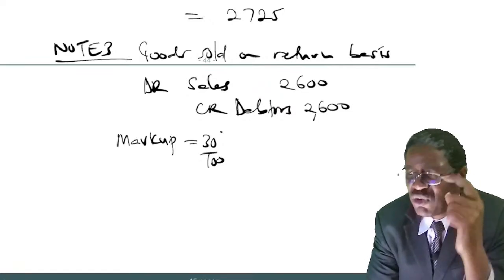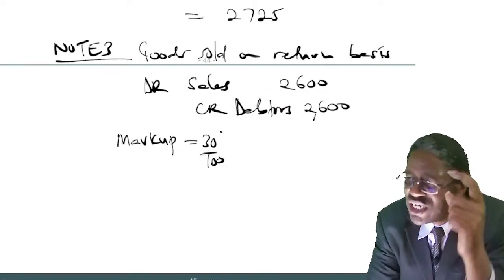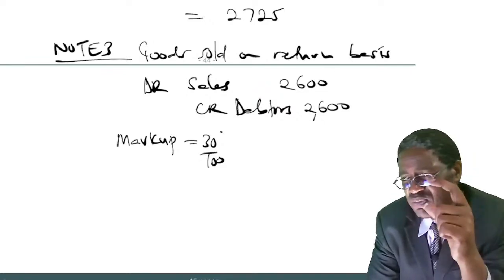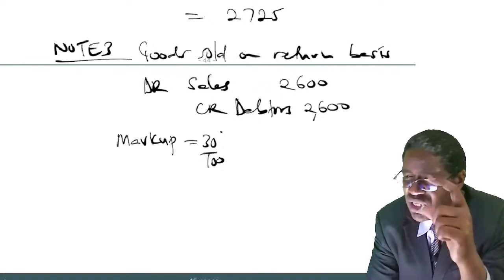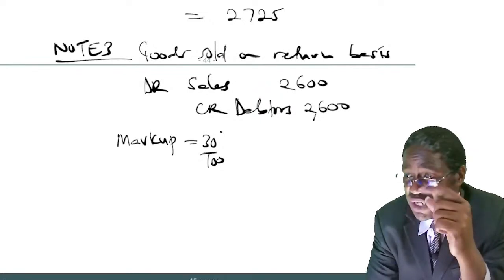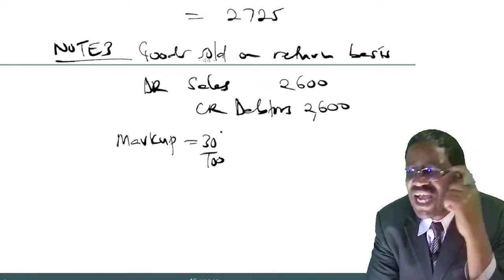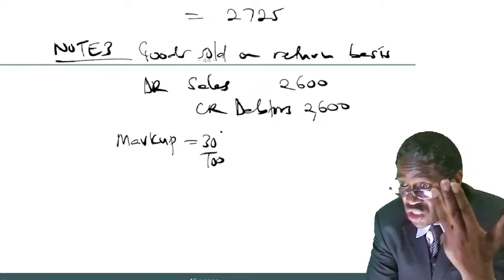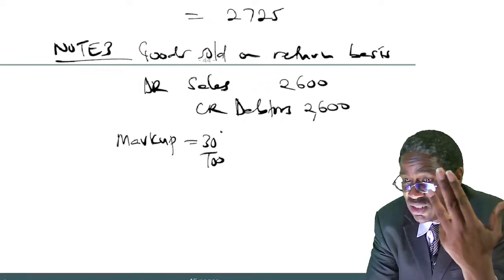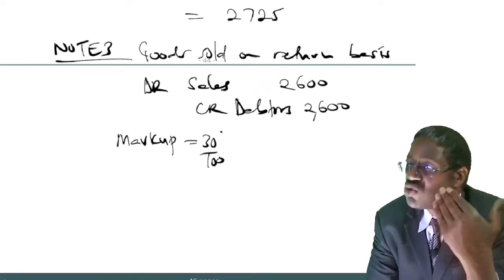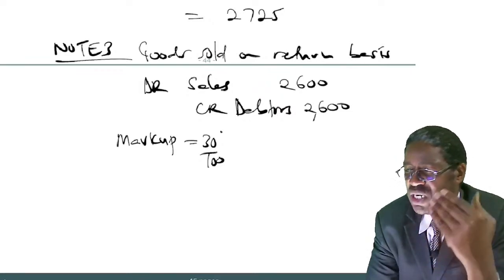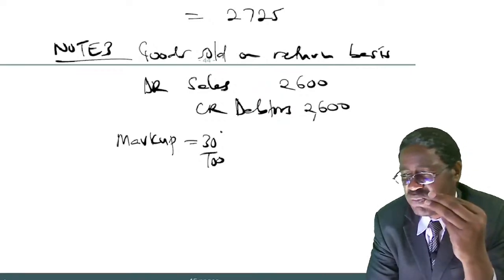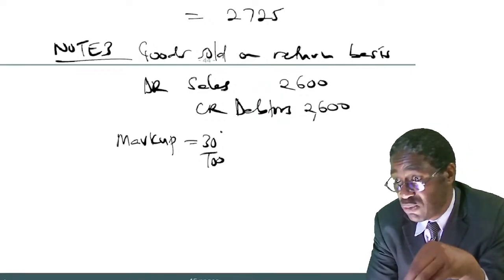The examiner for this question wanted you to convert this markup to something that goes with the selling price. And that which goes with the selling price is what we call the margin. So if I am able to know the margin of the company and the selling price, then I'm able to know the profit.